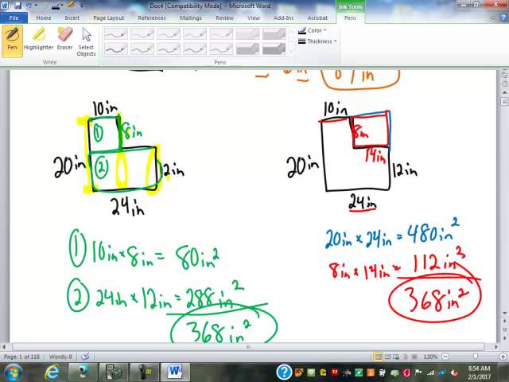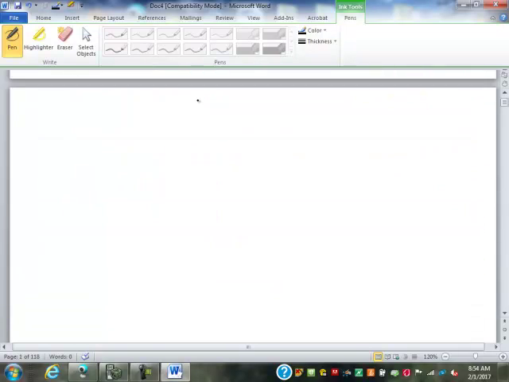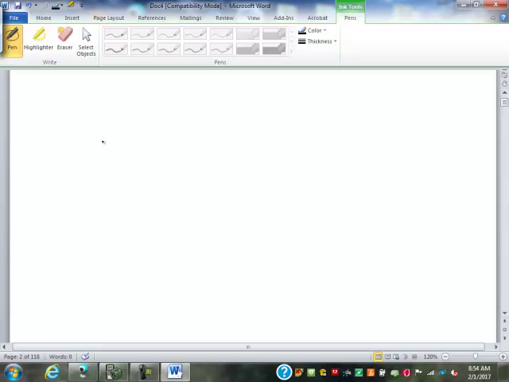In a problem like this, it's about the same amount of work either way. It really doesn't matter. But we can run into some of them that might be a lot easier one way or another.